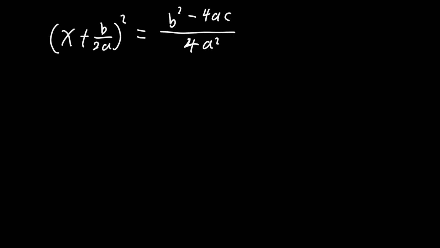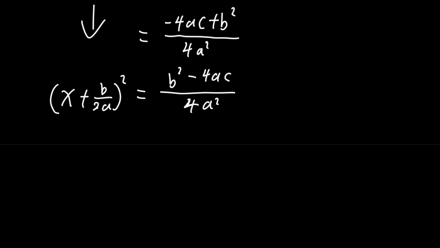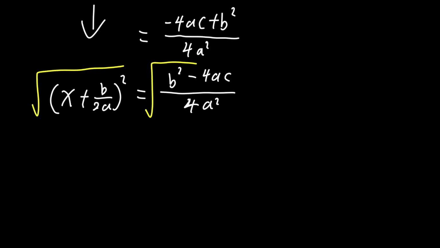Then we can simplify further. We want to solve for x, which means to put the x only on the left hand side and put the other elements on the right hand side. And we want to remove this parenthesis by taking the square root on both sides.